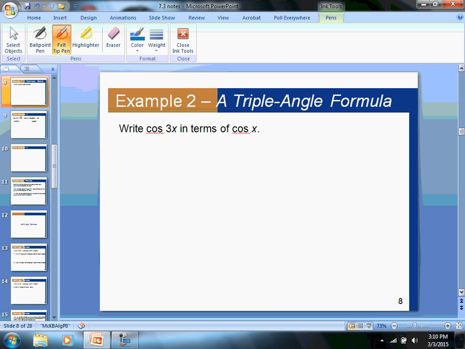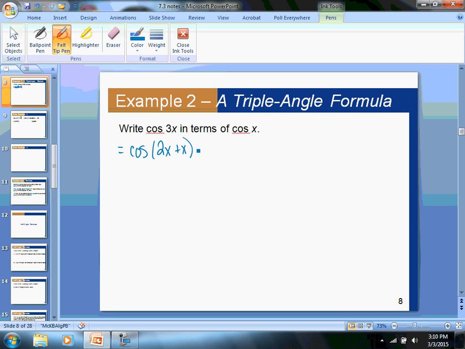So we don't have any triple angle formulas. So we have a double angle formula, and then we have the cosine of x that we know. So I'm going to start by rewriting this as cosine of 2x plus x. Okay, so I'm breaking apart the 3x.